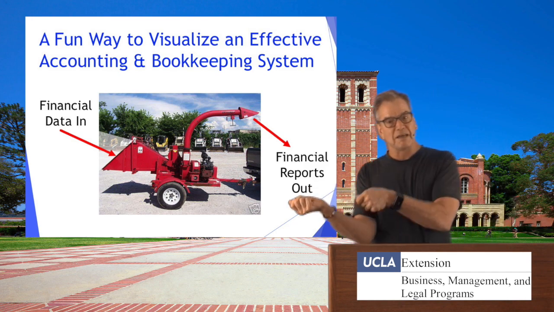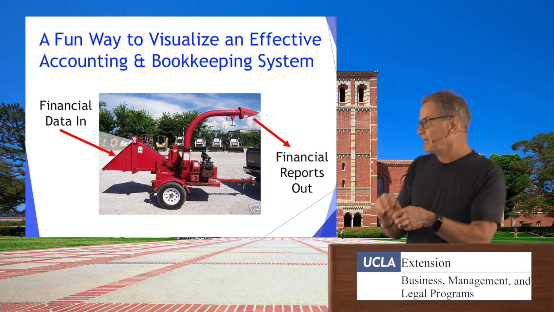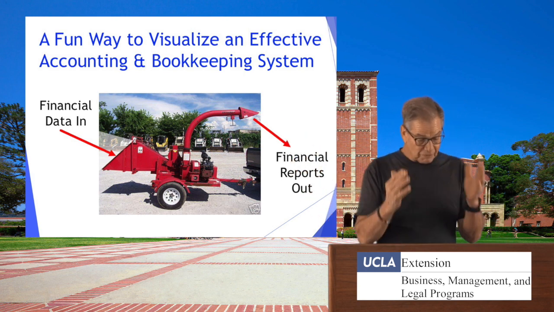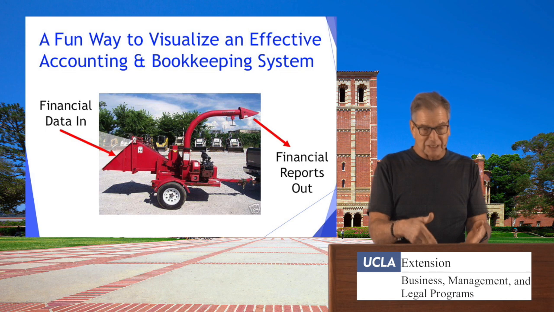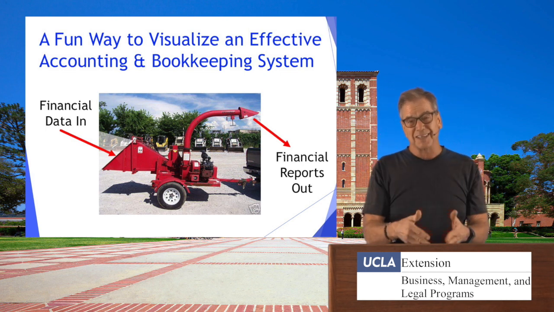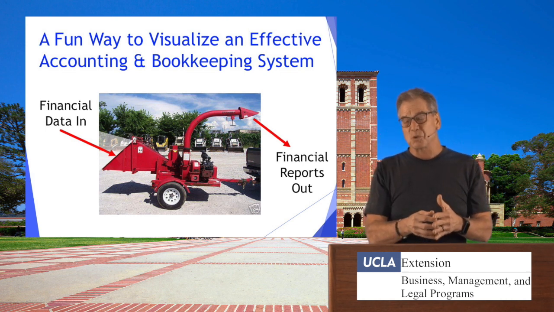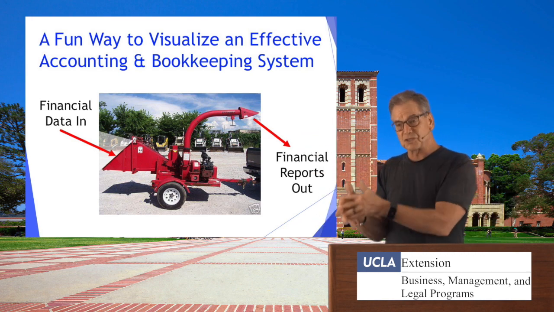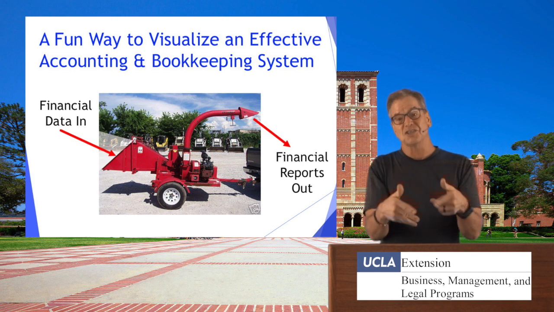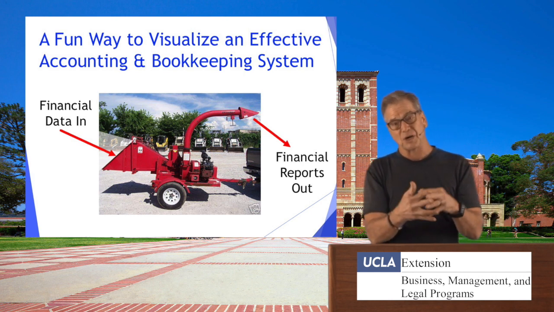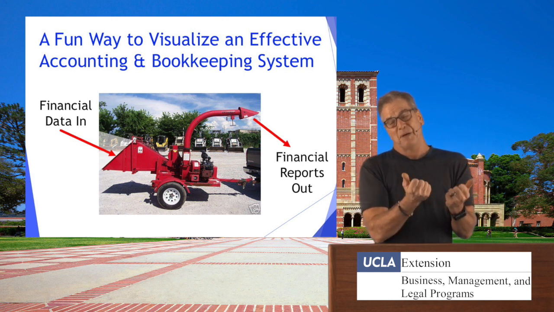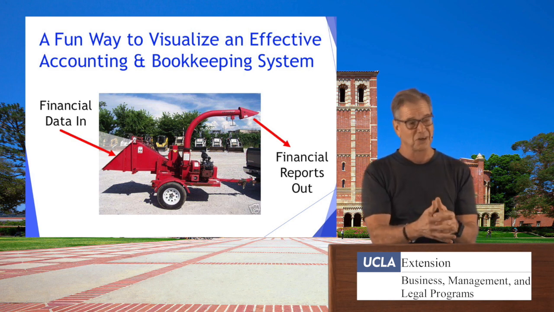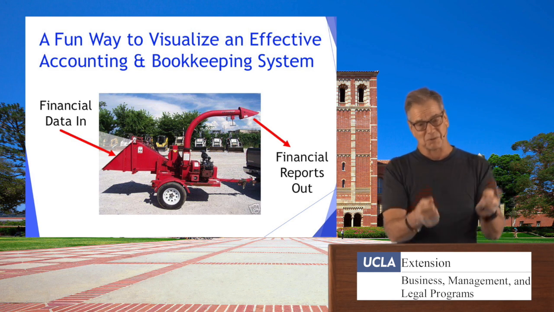You're throwing financial transactions in one end and it's spitting them out into the proper categories on the other end. If it's set up correctly, you can electronically download bank statements and credit card statements, and they automatically go into the appropriate accounts. Technology has gotten to the point where you can integrate an electronically downloaded bank statement with deposits, checks, check numbers and checks that have cleared, as well as credit card statements.